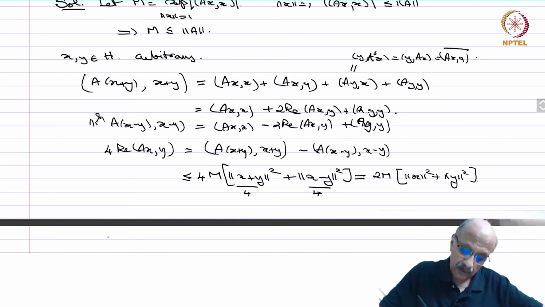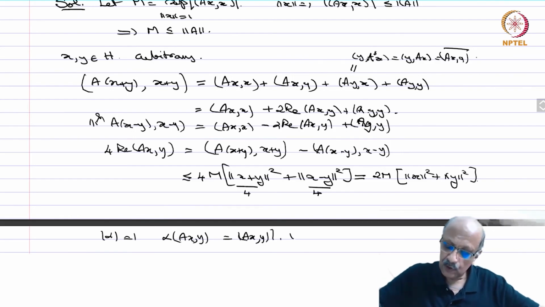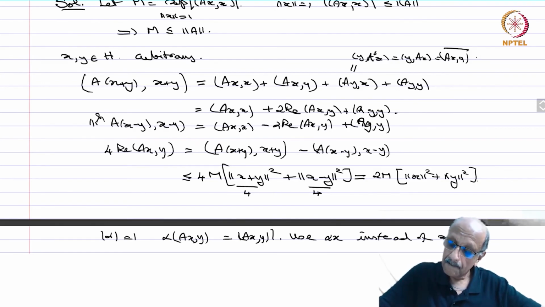Therefore, now you take alpha, mod alpha equal to 1, alpha times A(x,y) equals mod A(x,y), and use alpha x instead of x above.